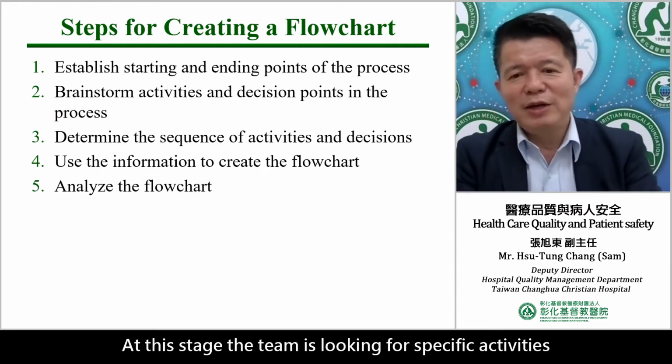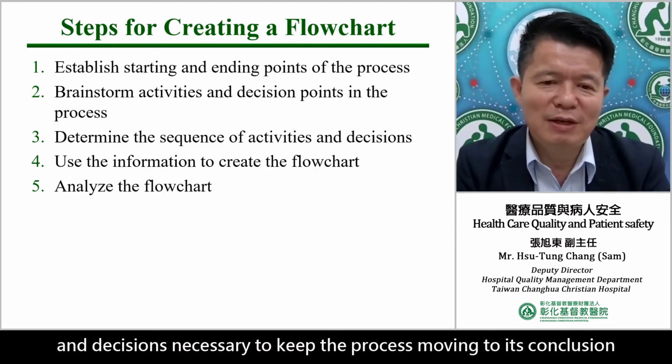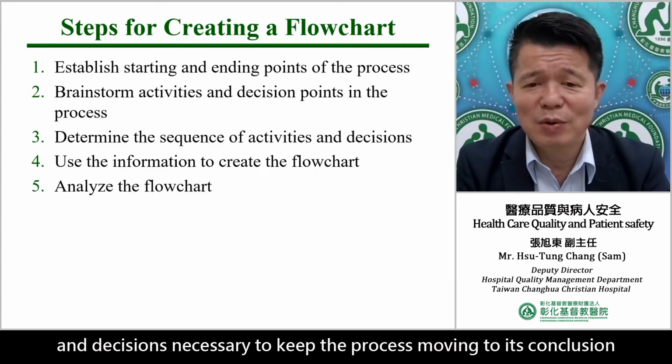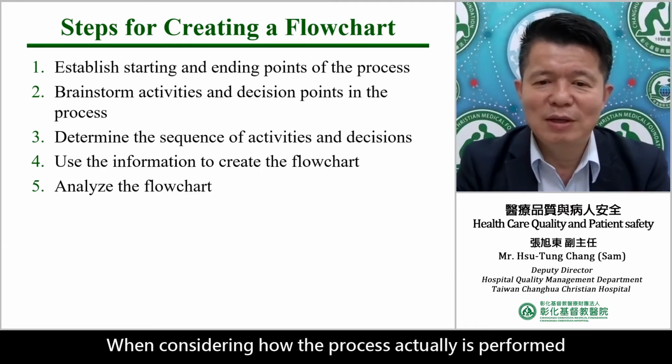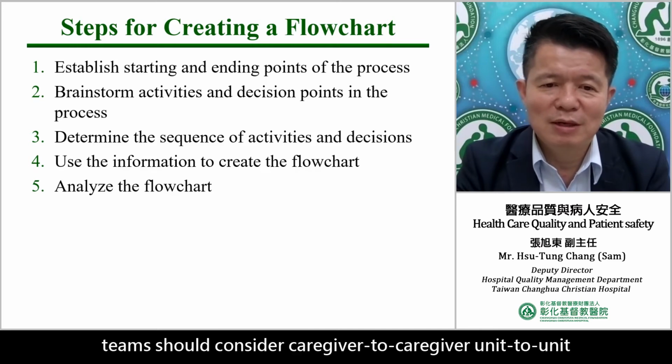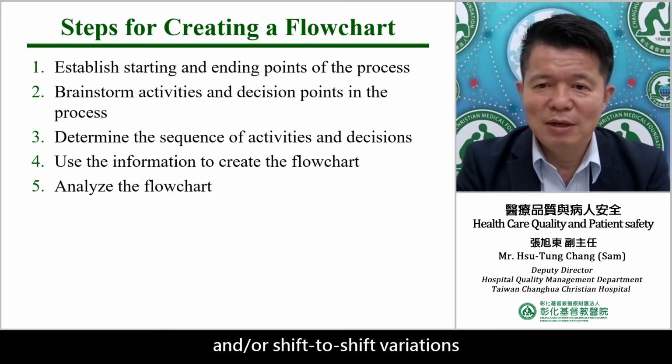At this stage, the team is looking for specific activities and the decisions necessary to keep the process moving to its conclusion. When considering how the process actually is performed, teams should consider caregiver-to-caregiver, unit-to-unit, and shift-to-shift variations.